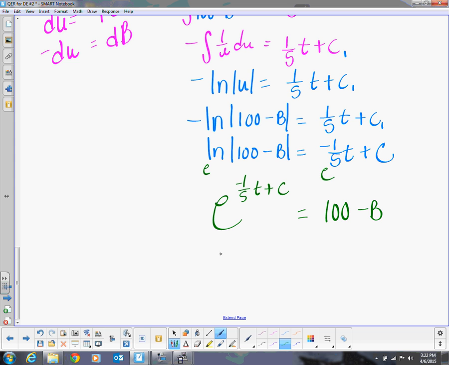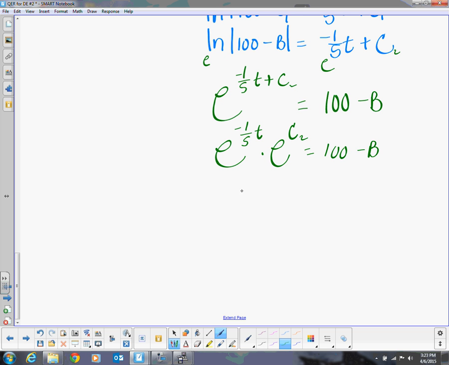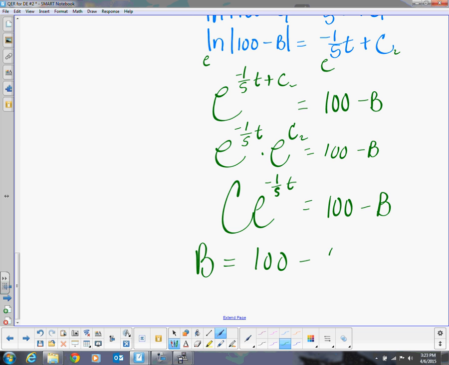So this is going to be, in case you've forgotten how to do this, e to the -1/5 t times e to the c, and maybe this should be c sub 2, is equal to 100 minus b, or ce to the -1/5 t is equal to 100 minus b. So I'm going to add b, and I'm going to subtract c.